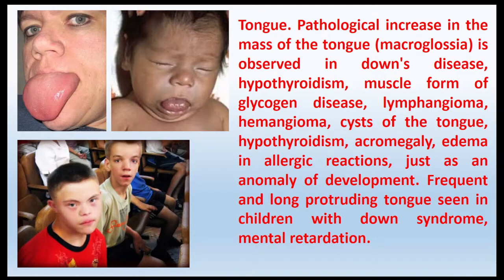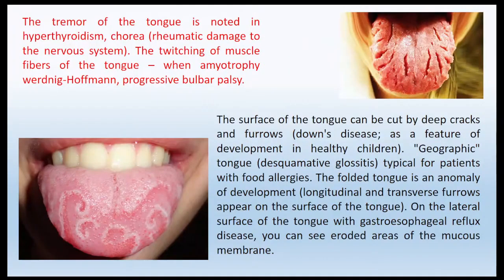Also very interesting is the surface. The tongue can be deep, or geographic tongue, desquamative glossitis, typical for patients with allergy. On the left pictures you can see a folded tongue, an anomaly of development.